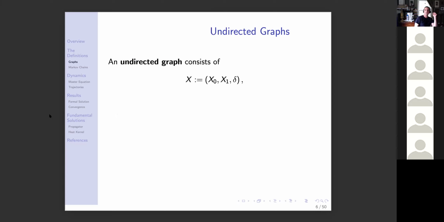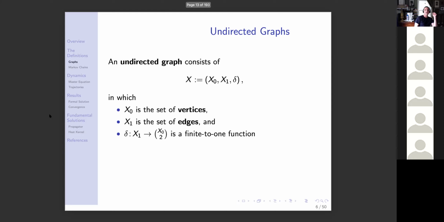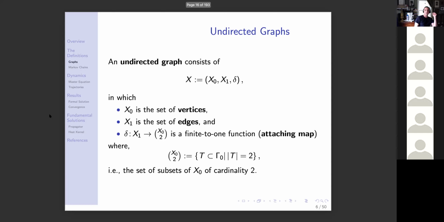It's a triple consisting of a set called the set of vertices, a set called the set of edges, and then a finite to one function called the attaching data, where the codomain, the range of the function, is the set of subsets of the set of vertices having exactly 2 elements. So it's a set of subsets of cardinality 2. So that's all a graph is.